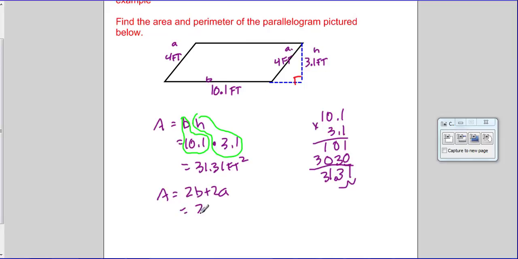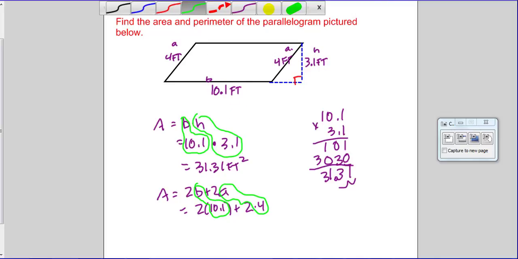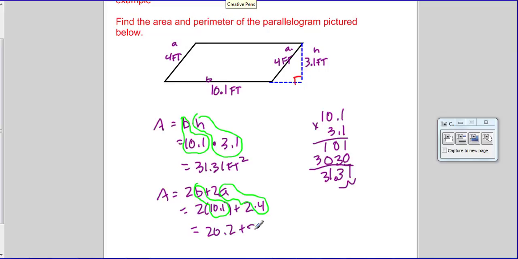So I have 2 times 10.1, replacing my B with 10.1, plus 2 times A, and A is 4. So again, you're evaluating the expression when A is 4 and B is 10.1. Well, 2 times 10.1 is 20.2, and 2 times 4 is 8.